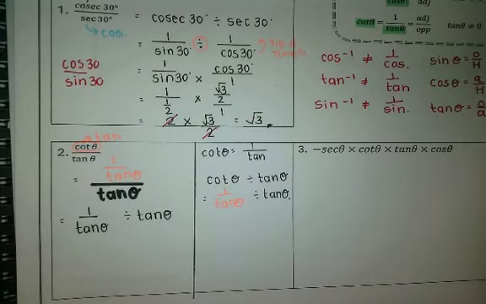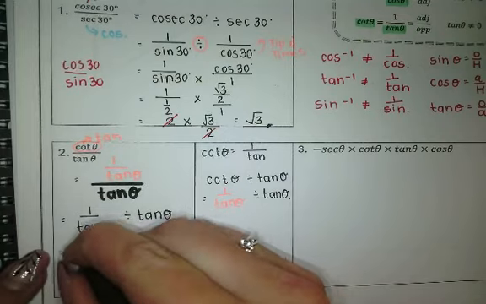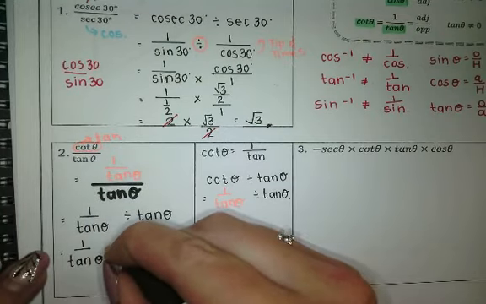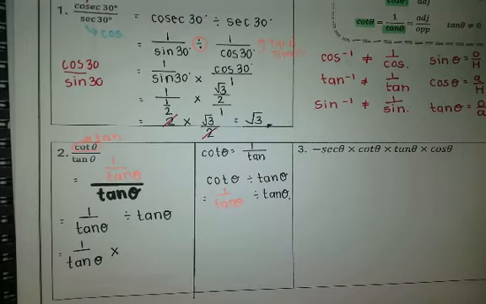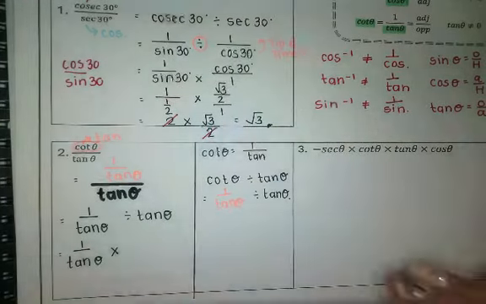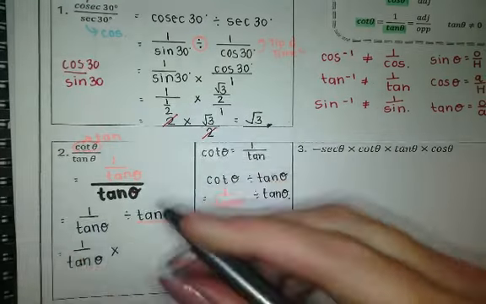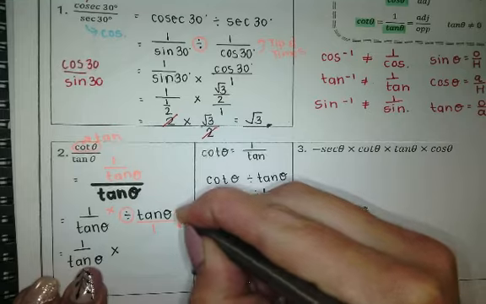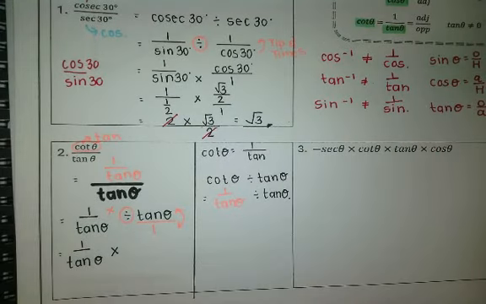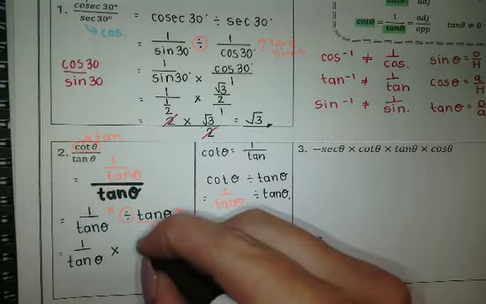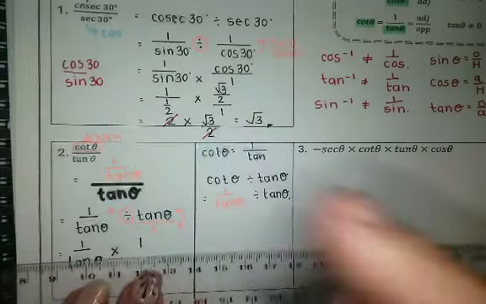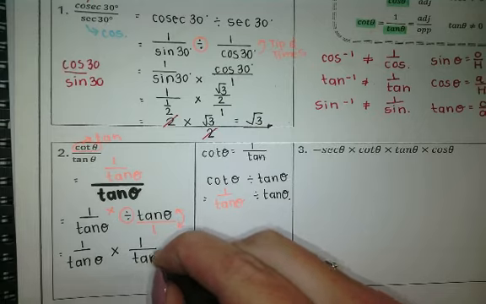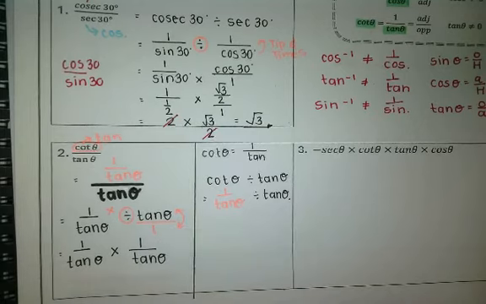Okay, so what is my rule for division? Tip and times. So this is going to be 1 over tan theta times, this is over 1. So we're going to times it and we're going to tip it. So this is going to be 1 over tan theta.